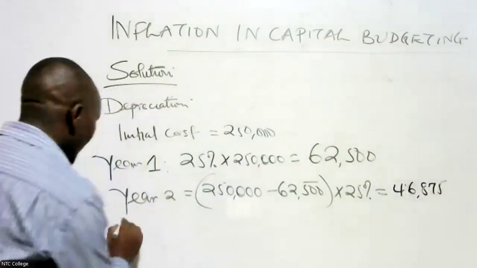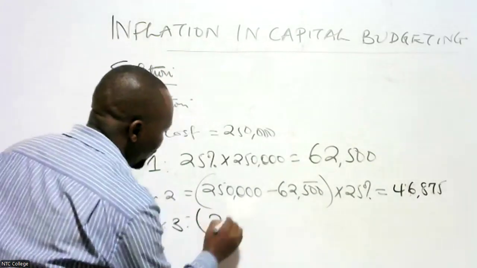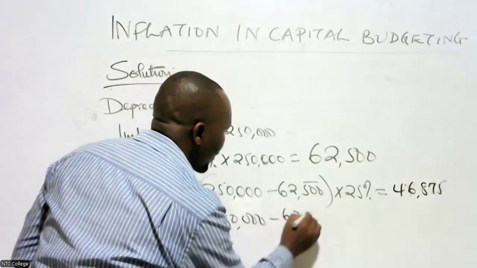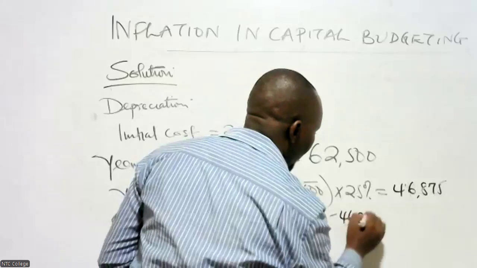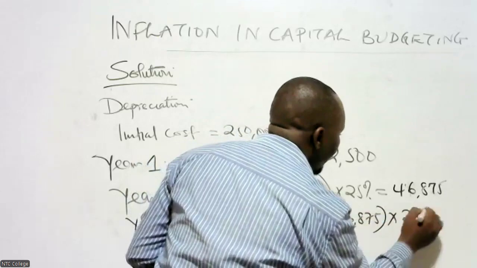In third year, year 3, we are going to have 250, less what we have taken away, minus again this one. The balance we now charge.